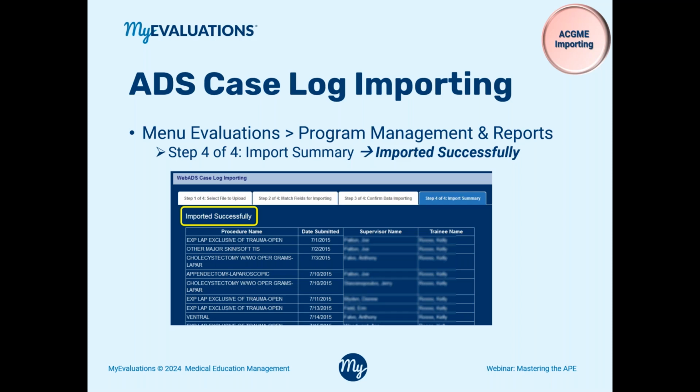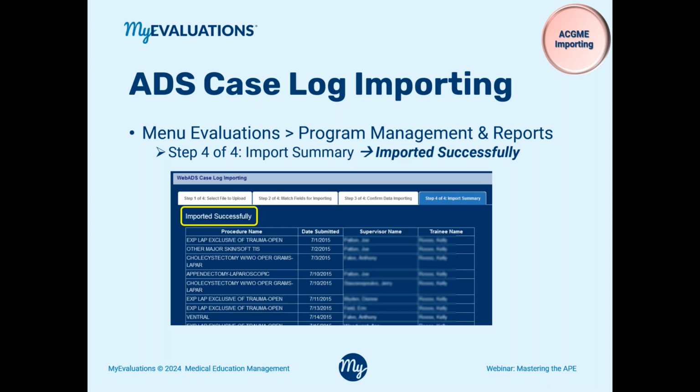So these are the 4 data set items: surveys of residents and faculty, case logs for those of you that have case log reporting in ADS, any scholarly activities from previous years that were reported in ADS and not necessarily tracked in my evaluations, and your well-being surveys.